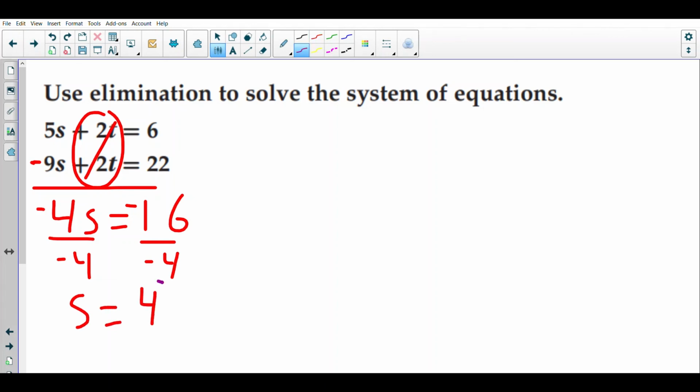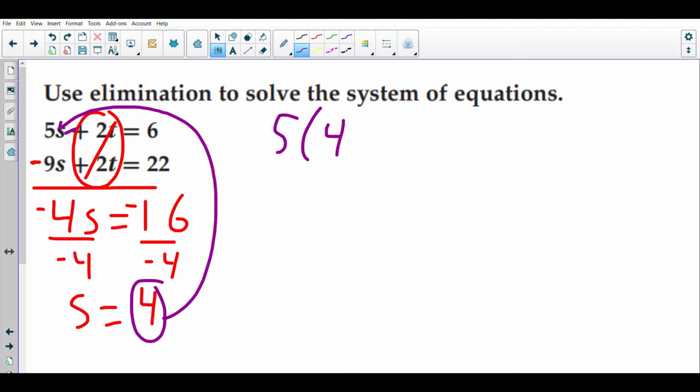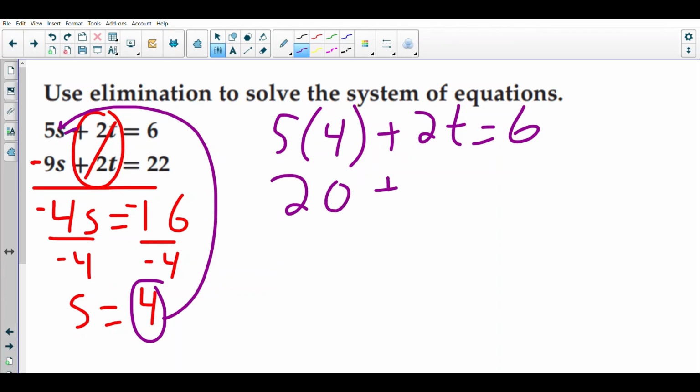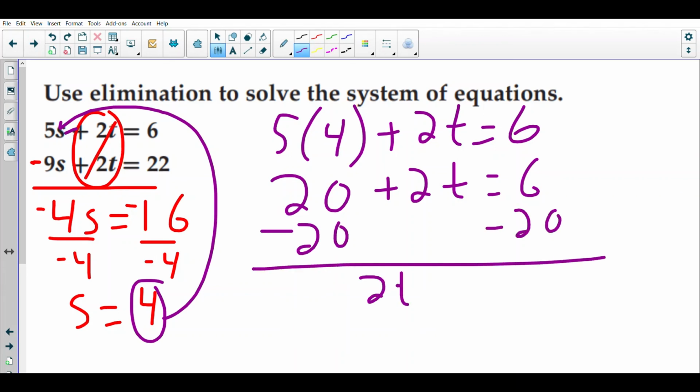Plug it into either equation. I'm going to go to the smaller numbers. So I get 5 times 4 plus 2 times t is equal to 6. 5 times 4 is 20 plus 2t is equal to 6. Subtract 20. 2t is equal to negative 14.